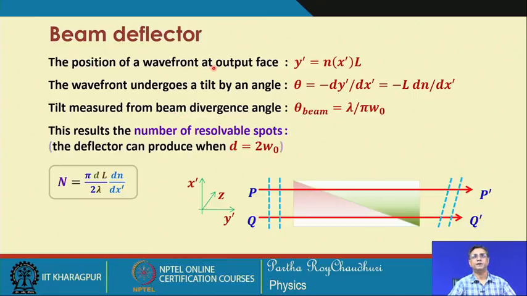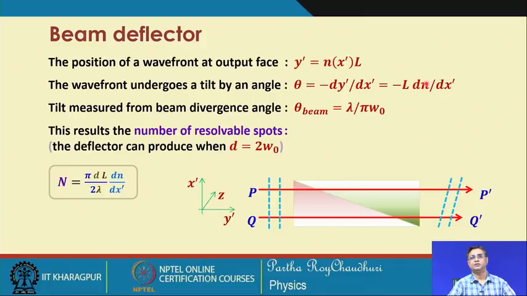The position of a wave front at the output is here; you see the refractive index as a function of x prime, because it varies from here to here. The wave front undergoes a tilt by an angle theta. From basic prism optics, this tilt angle is L dn/dx.